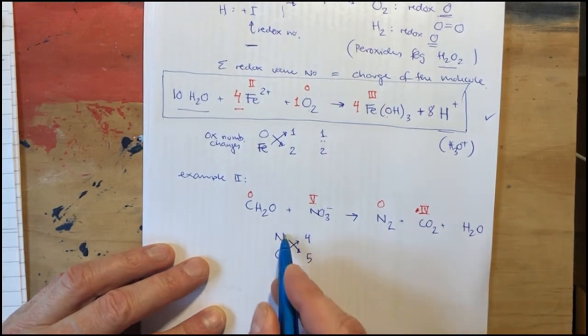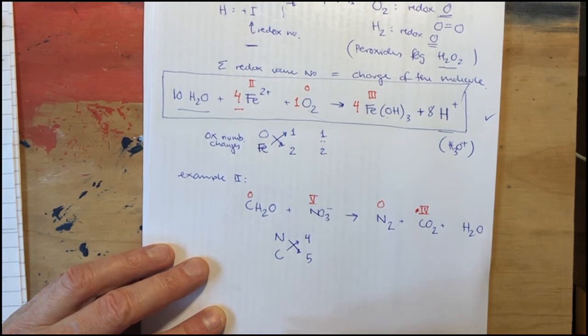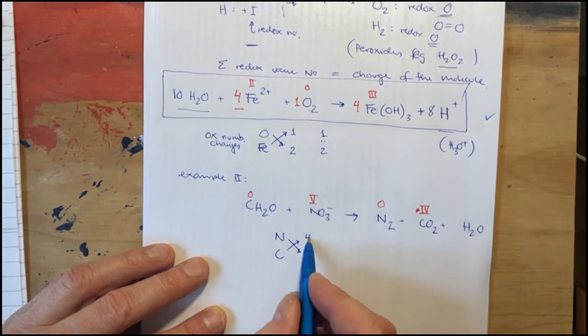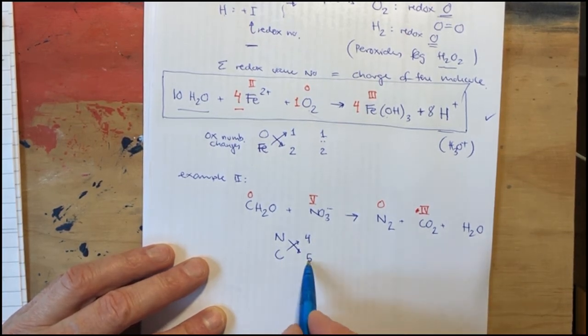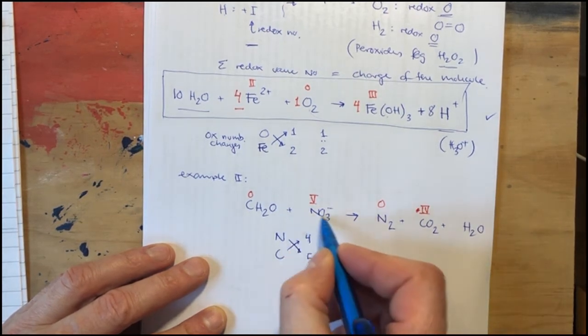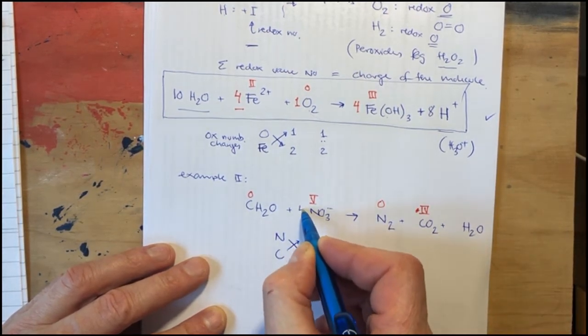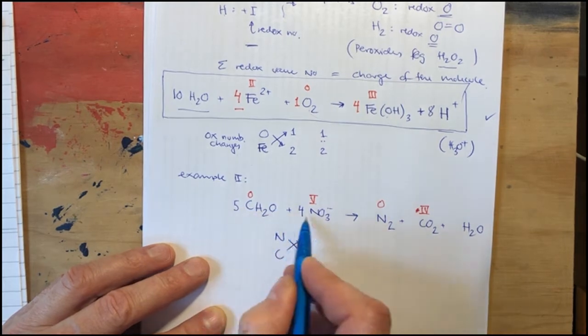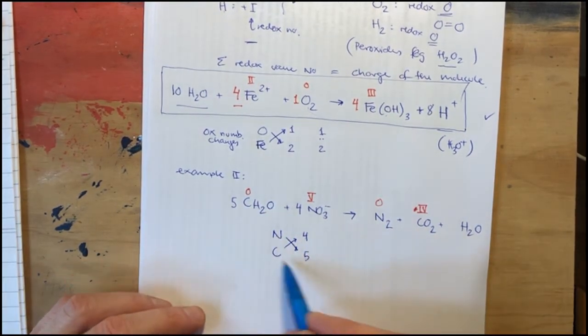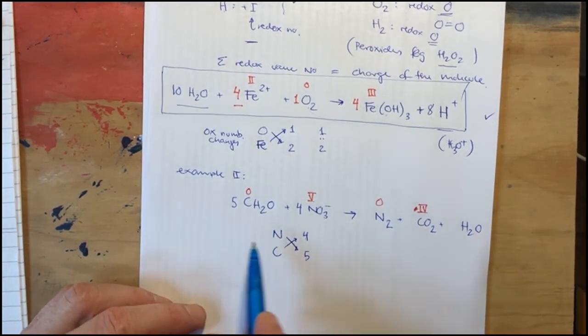So I have a ratio of nitrogen to carbon of 4 to 5. So I need 4 nitrogen atoms for every 5 carbon atoms I've got. So I could adjust my equation here saying 4 and 5. Now that matches in terms of changes in electrons.